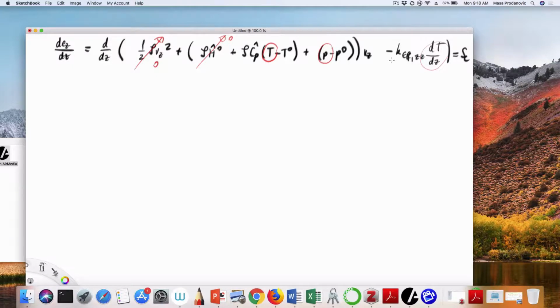So these three terms survive, and what we have is rho Cp dT/dz plus dp/dz, and the second order derivative of T in the heat transport term.